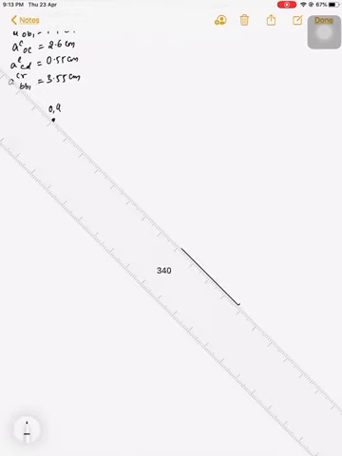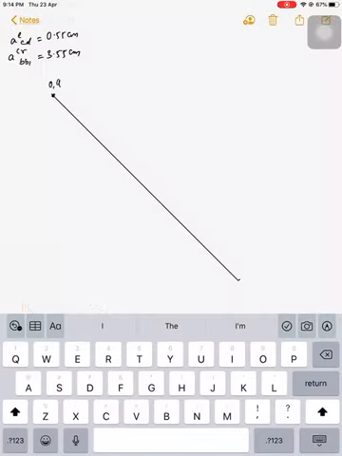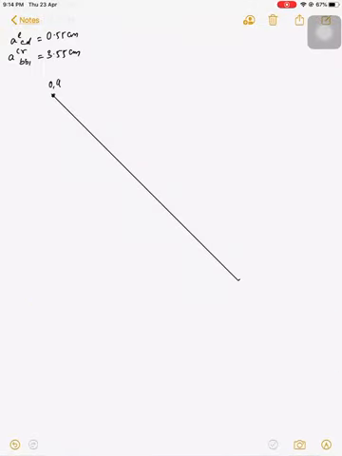So I will draw a line. This is the centripetal acceleration of AB, which is also equal to the total acceleration of AB.